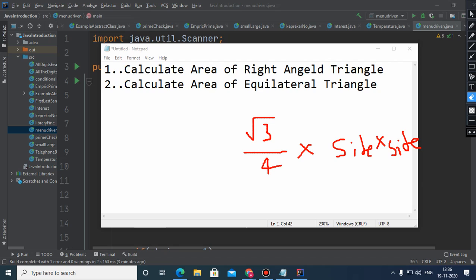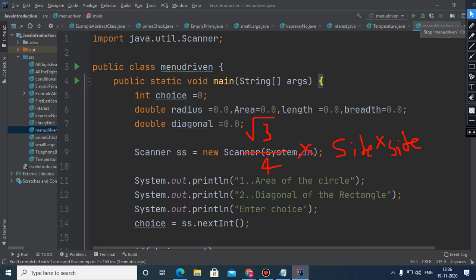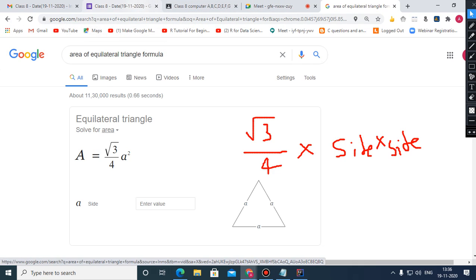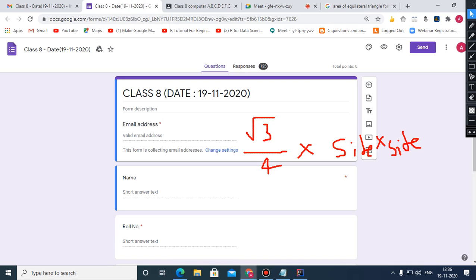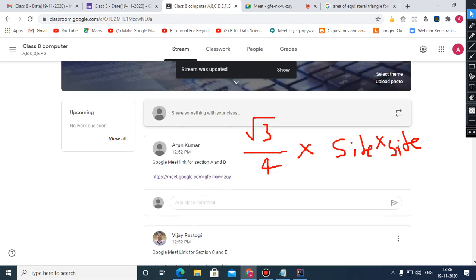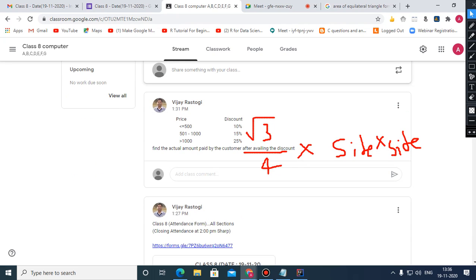Yes. The question which I have given you, you can do that question also. What is the problem in doing that question? Okay, no issues. Sir has given that if the price is less than or equal to 500, the discount is this.